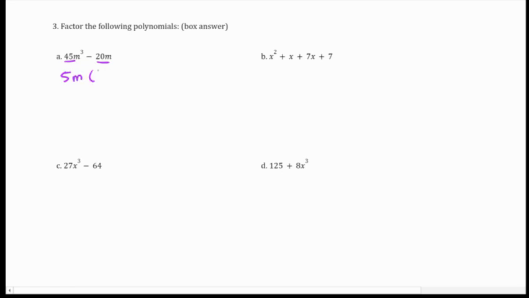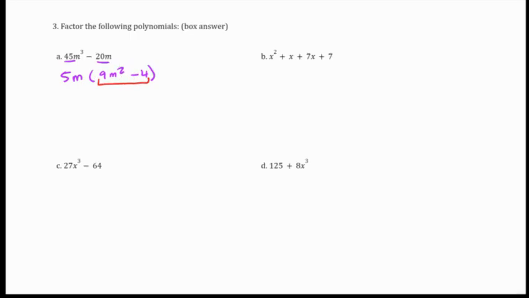If I divided this by 5m, what would be left is 9m squared, and then minus 4. Because again, if I distributed 5m into here, it would bring me back to where I started. So now when I look at this, I need to try to continue to factor this, and I can see that this is a difference of squares because there's a perfect square here and a perfect square here, and I'm subtracting them.